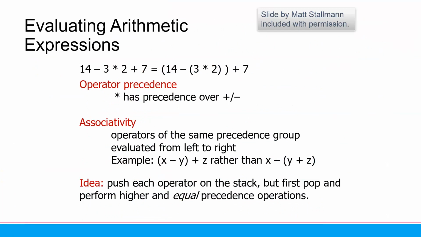The other kind of application, we can try to use the calculator. When we use the calculator, we can evaluate this arithmetic expression, and we can think that this is a part of stack. 14 minus 3 multiplied by 2 plus 7.